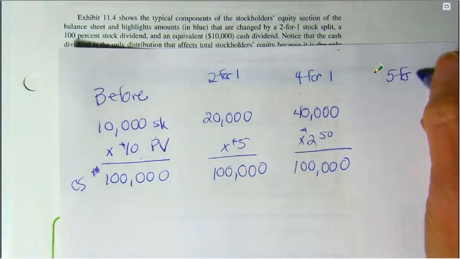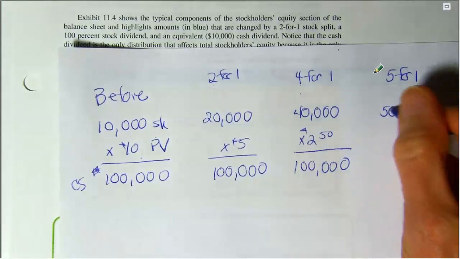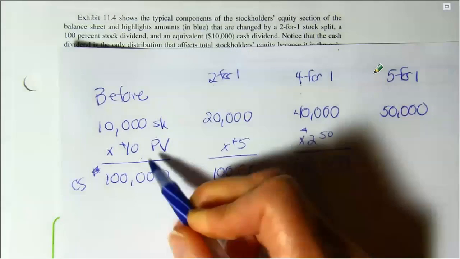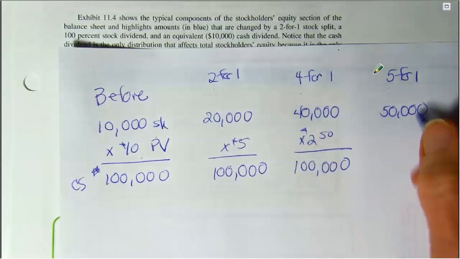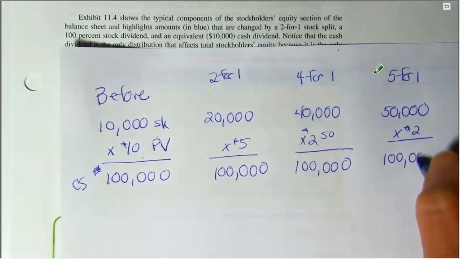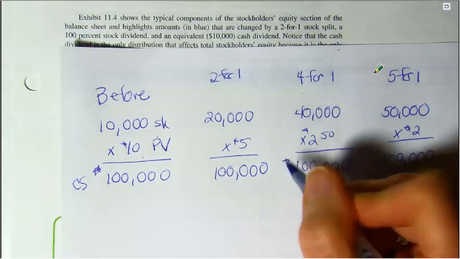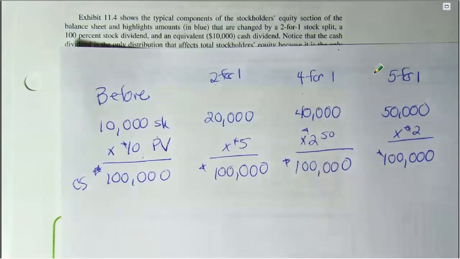A 5-for-1, 10,000 times 5 is 50,000. $10 divided by 5 is 2. So the total amount in your common stock account, dollar-wise, that doesn't change. So no journal entry is required for stock splits.